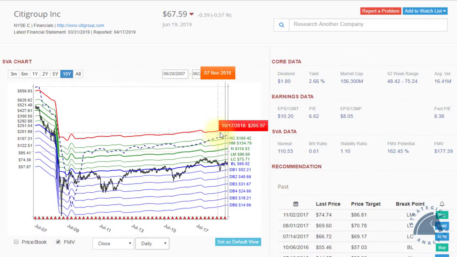However, look what happened. We got into that market correction there that ended in December of 2008, and boy, the Citigroup Bank just turned tail and ran. The Americans are taking no chances with their bank stocks.